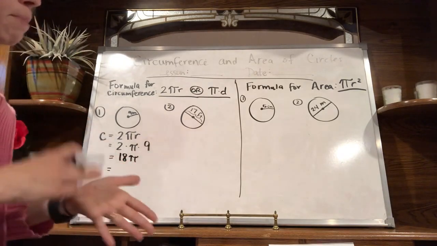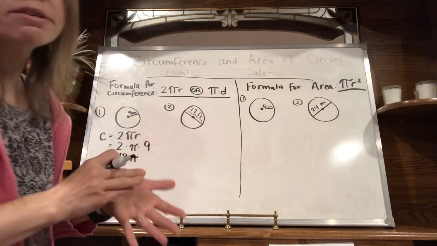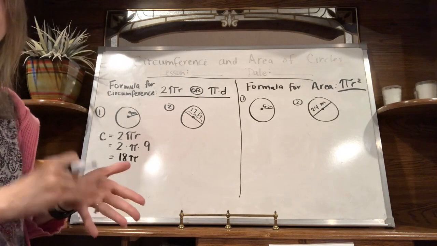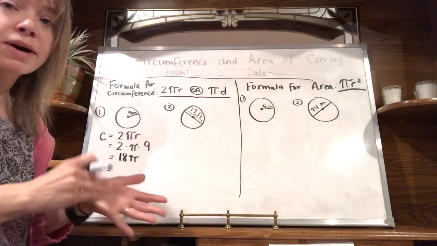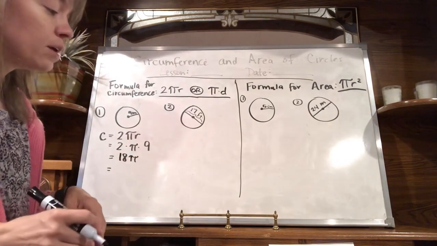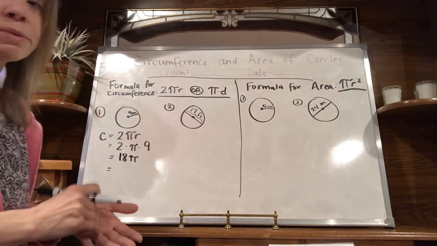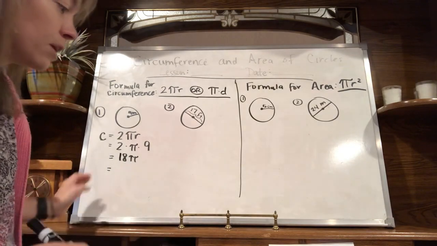If you use the pi button, you should get the answer that I get. It says round to the nearest tenth. If you use 3.14 for the pi instead of the actual pi button, you might be off by a tenth or two. So that's okay, but I'm going to be using the pi button, so it's probably best for you to just use the pi button on your calculator.